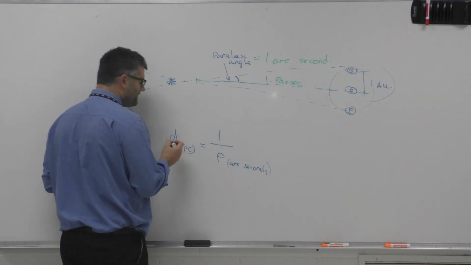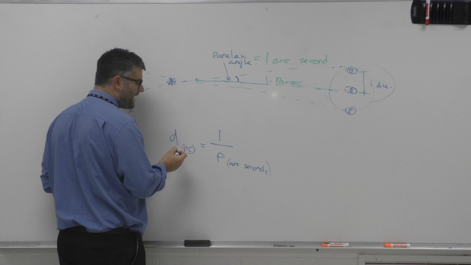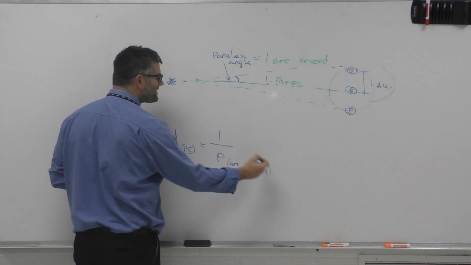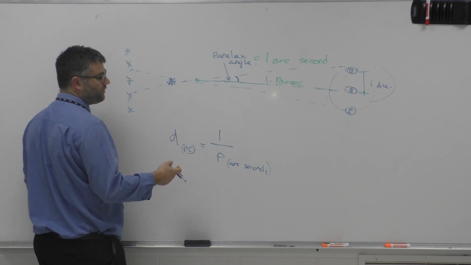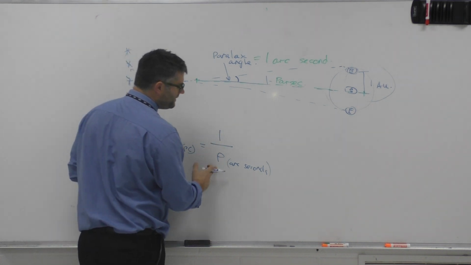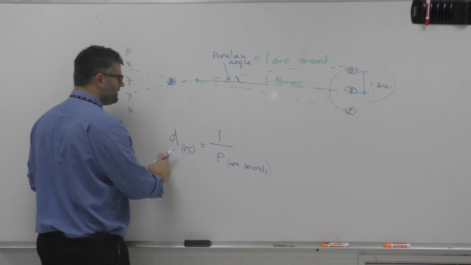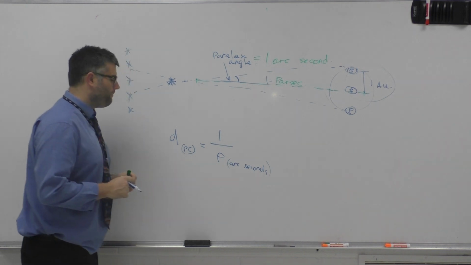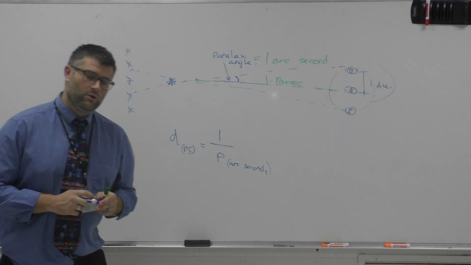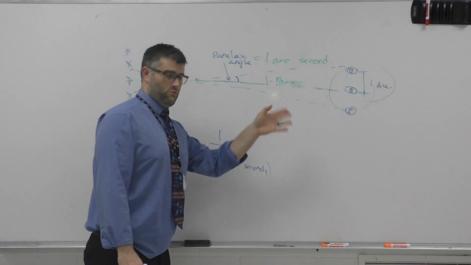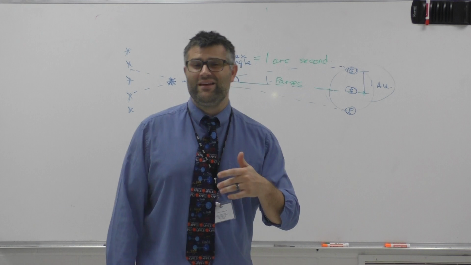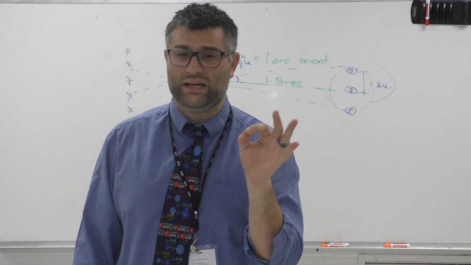As long as you're happy that a distance in parsecs can be obtained when we know the parallax angle of a star based on our observation of it, 1 divided by that will give you the distance in parsecs, which is a really nice method. Now, what are the limitations of this method? Well, there are loads, okay? Because obviously, there's only so small an angle that we can get.